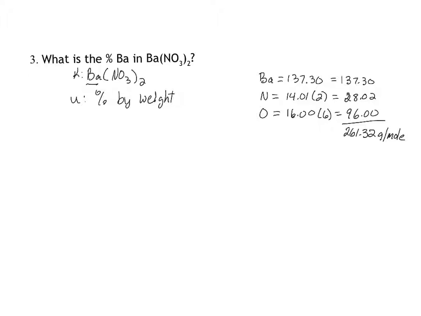So now I'm ready. So if I want to find the percent of barium, it is going to be equal to the weight of the barium in the compound, which I only have one atom, so it's going to be 137.30, divided by the total weight of the compound. Now I'm going to solve that.